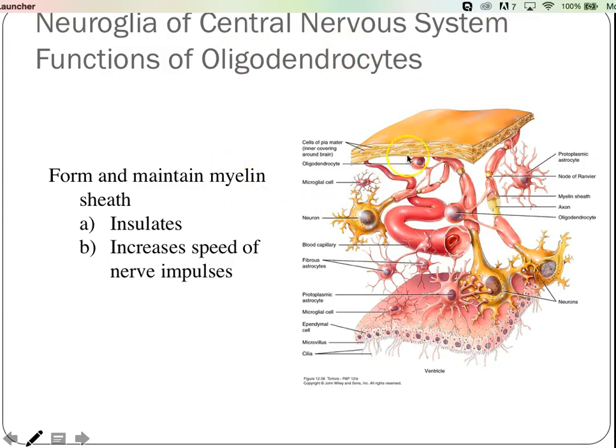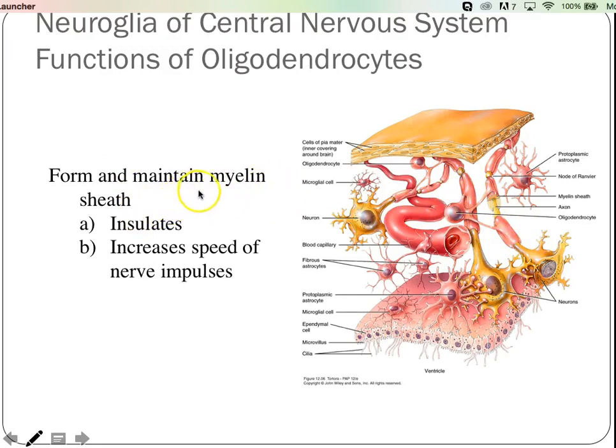So what these guys are going to do, they remind me of little octopuses. So here's an oligodendrocyte. Can you see how it's basically sending this arm, if you will, and it's wrapping itself around this axon? Well, basically that wrapping that it's creating is called a myelin sheath.